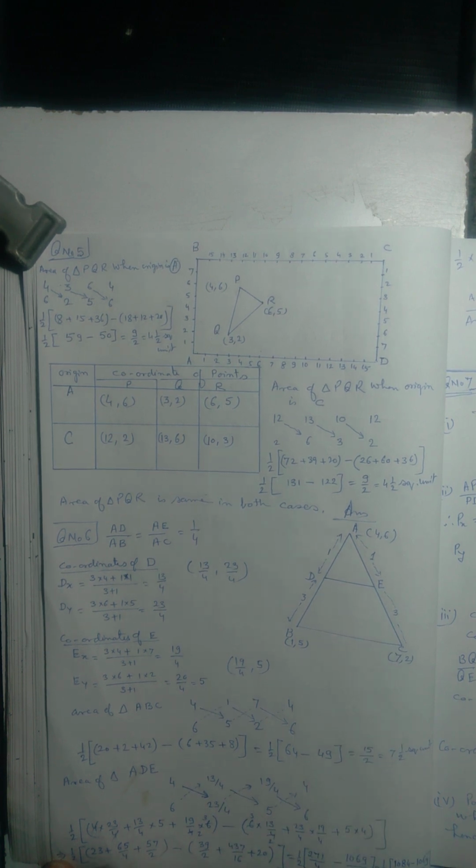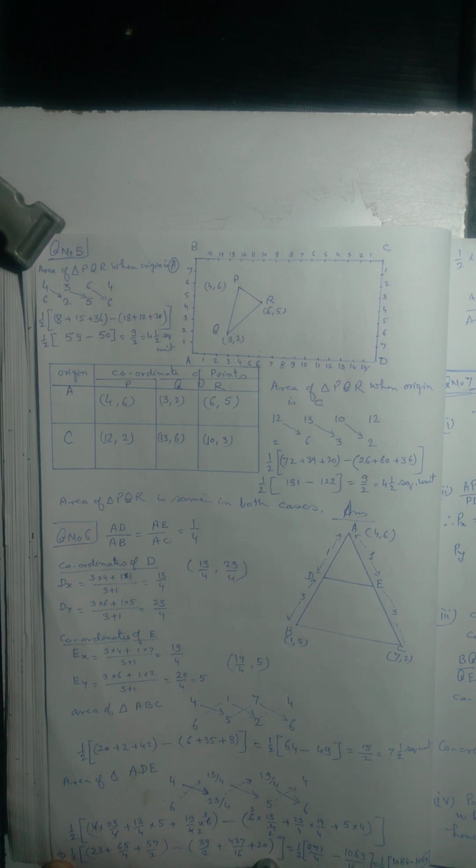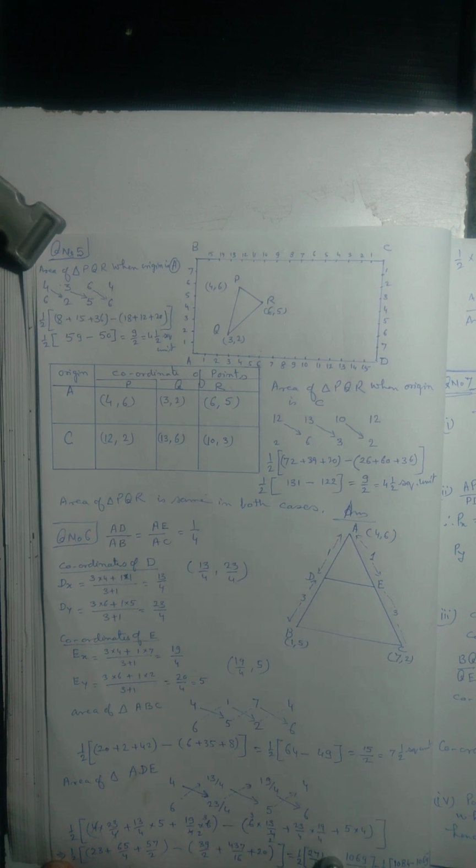So 1/2 [23 + 65/4 + 57/2] − [39/2 + 437/16 + 20]. Further solving it, you will get 1/2 [271/4 − 1069/16].